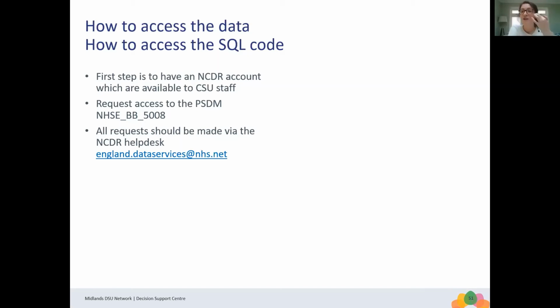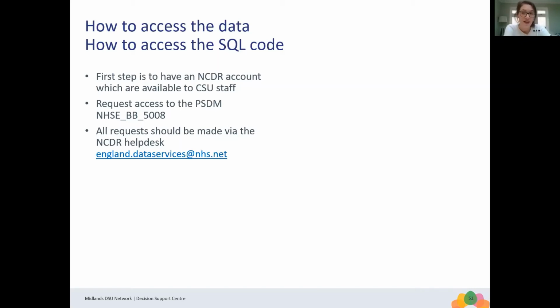Then if you have access to NCDR, you can also request access to the PSDM, and the name there again is NHSE BB 5008, and you would find all the tables that we've created in that area. All requests for access should be made to the NCDR help desk. The email address is there on the screen, and I think they send you a form that you have to complete to get access as well.